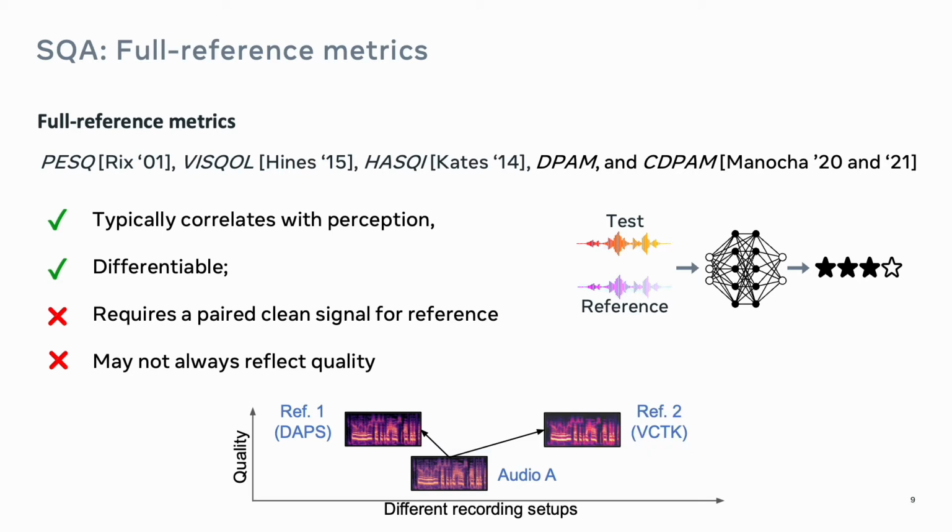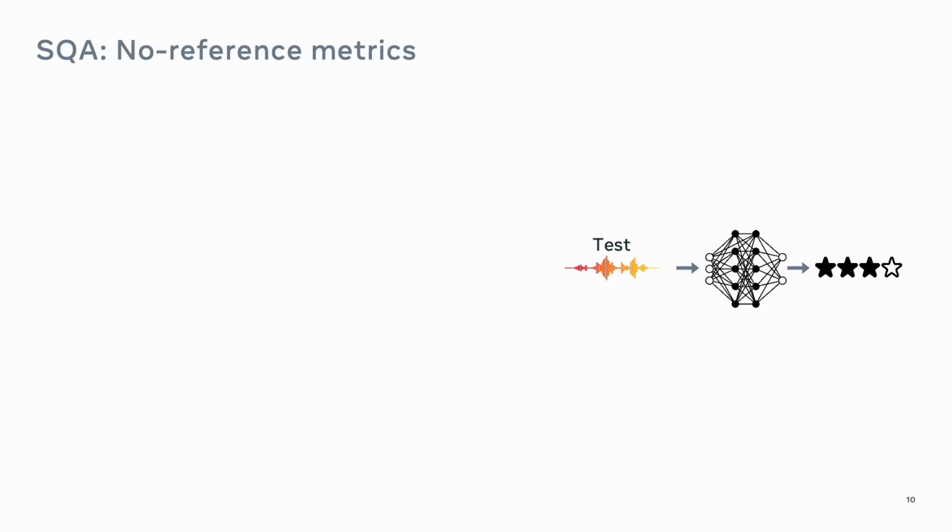We then choose a second reference, reference 2, that is equally high quality as reference 1, but has a different acoustic environment and is therefore less similar and hence lower quality than audio A, even though both reference 1 and reference 2 have equal qualities.